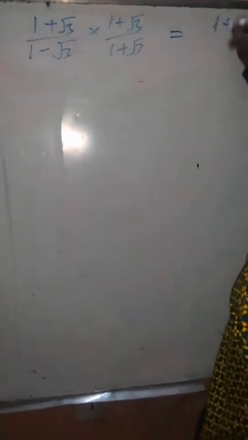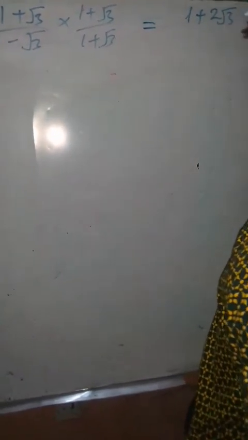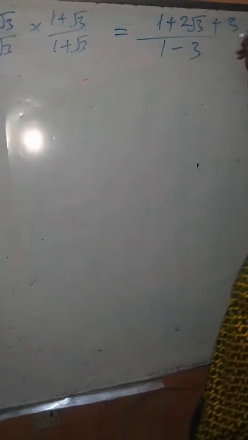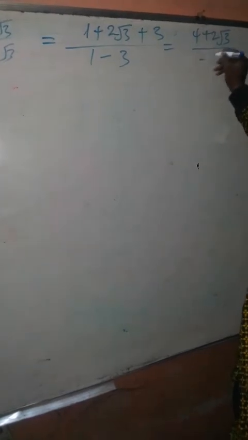Proceeding with this, this is equal to 1 plus 2 root 3 plus 3 over 1 minus 3. This gives us 4 plus 2 root 3 over minus 2.